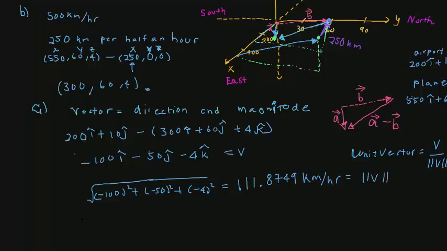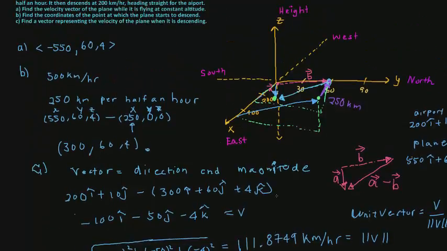So the unit vector u hat will be negative 111.87 I minus 50.87 J minus 411.87 K. Okay, so now we have the unit vector.